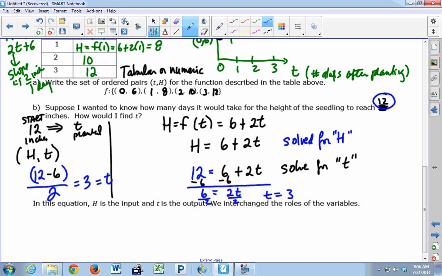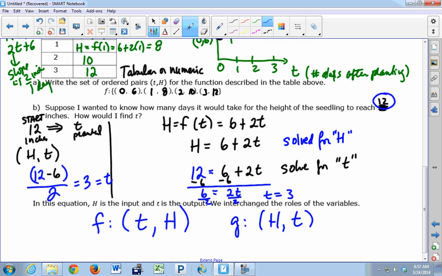So we've interchanged the roles of the variable. In our original function f, we had t as the input and h as our output. In our new function, in this equation g, h went in and the output was the number of days. So we've interchanged the roles.